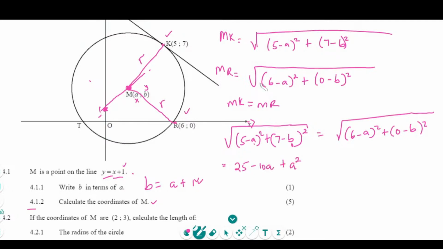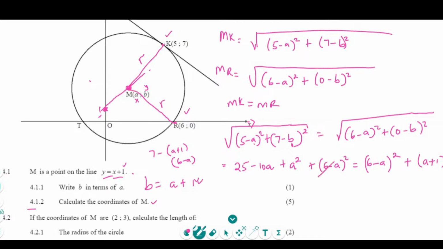If I substitute, 7 minus A plus 1 is 6 minus A. So that is plus 6 minus A squared. I'm not going to open that because I'm seeing something similar on the other side. And then plus, we said B is A plus 1, so that's negative B squared, which is A plus 1 squared.